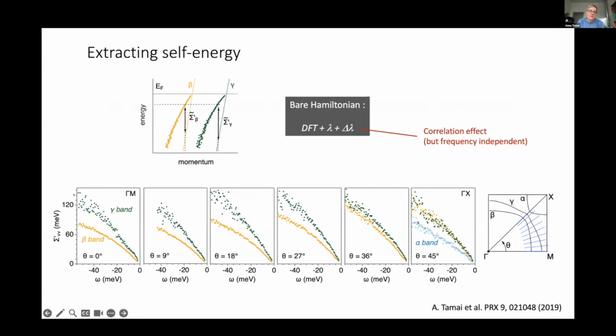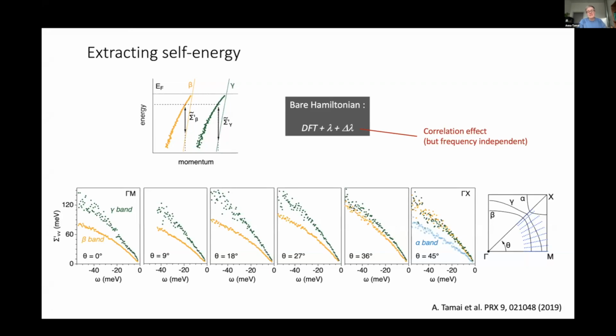You see that the self-energy is quite different between the gamma and the beta band along the gamma-M direction. The real part of the self-energy is much higher for the gamma band, and as you move towards the diagonal, the two become quite the same.